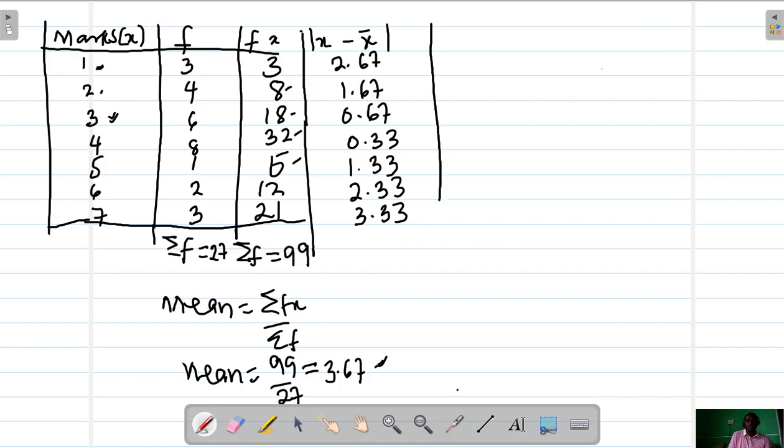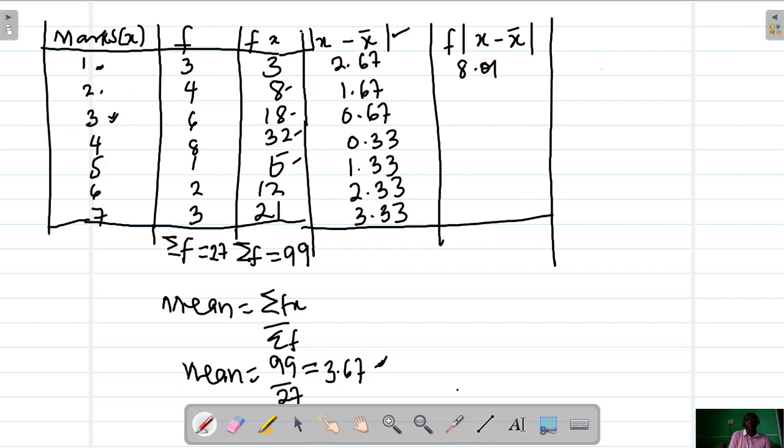Then we create another column, which is frequency times x minus x bar absolute. So frequency times the results that we obtained here. So we take frequency, first one is 3, so 3 times 2.67. Then you write the result there, which is 8.01. Good.